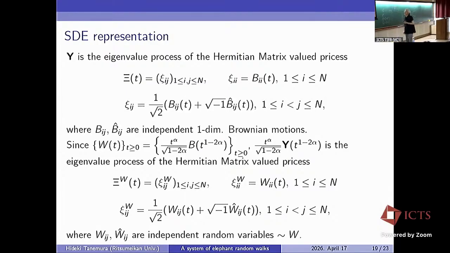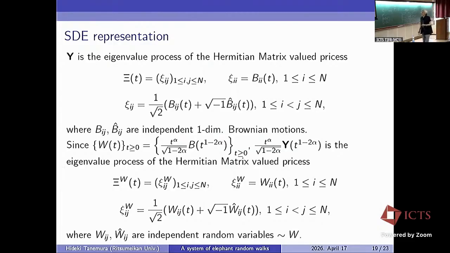And the limit process we used by using the previous one, but it is well known that Dyson's Brownian motion is the eigenvalue process of a Hermitian matrix-valued process like Brownian motion. This is the diagonal part, this is the off-diagonal part, like that. We know that this eigenvalue process is exactly a Dyson Brownian motion with beta equal to 2.